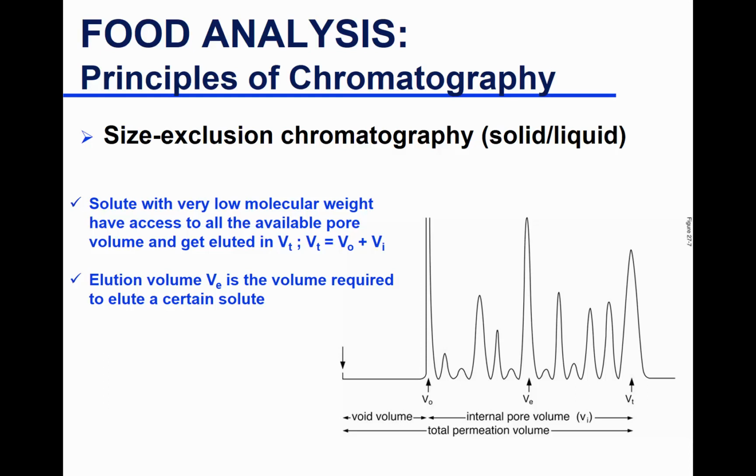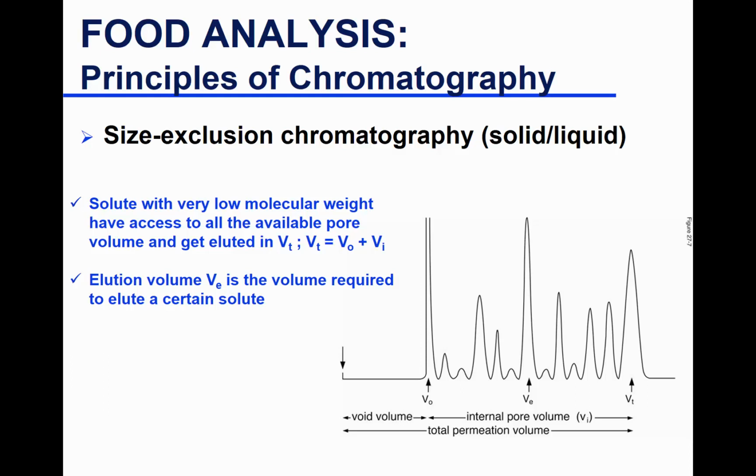The void volume is the volume, like I said, between the particles, the volume that goes through between the particles of your stationary phase and leaves the column. So the largest molecule leaves with the void volume, meaning larger than the pore size. Not every time you inject a sample do you have large particles like that, but sometimes you do. So that's the void volume.